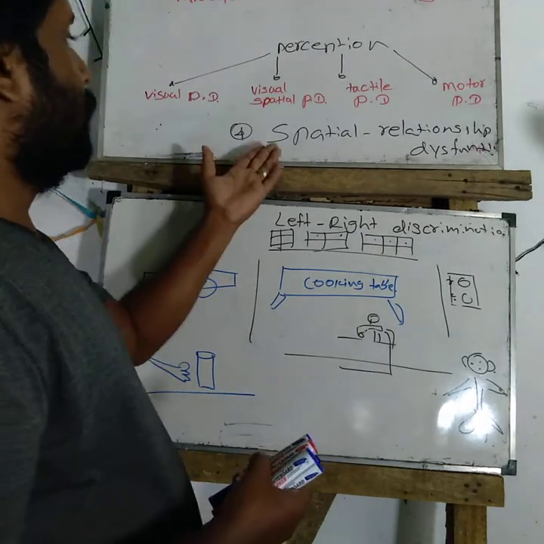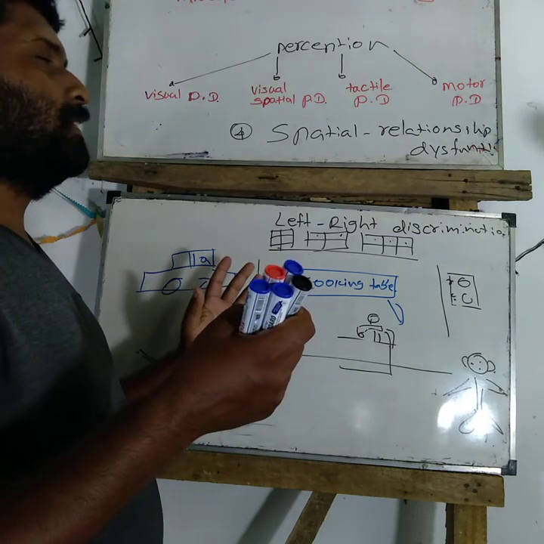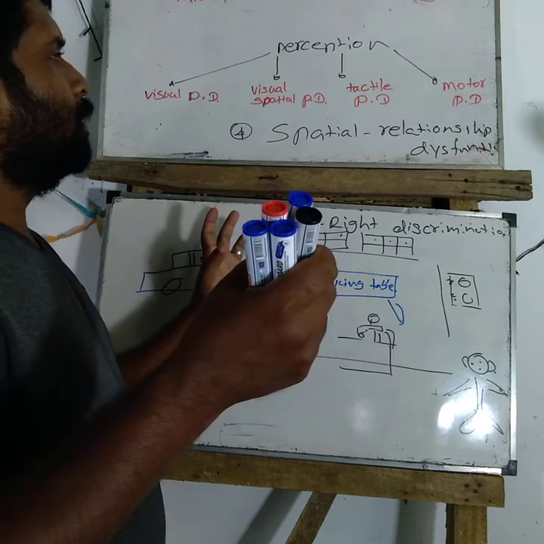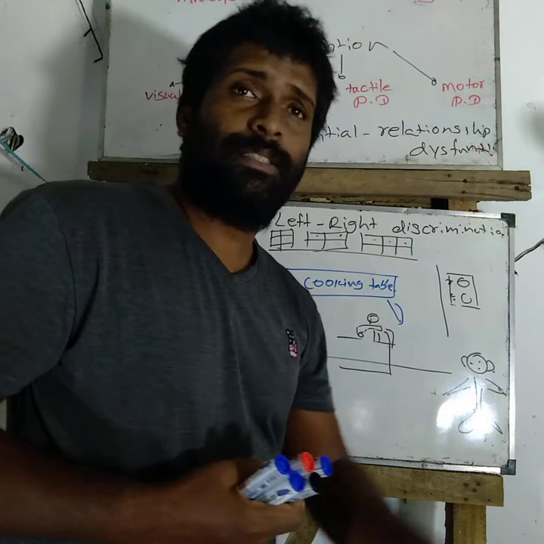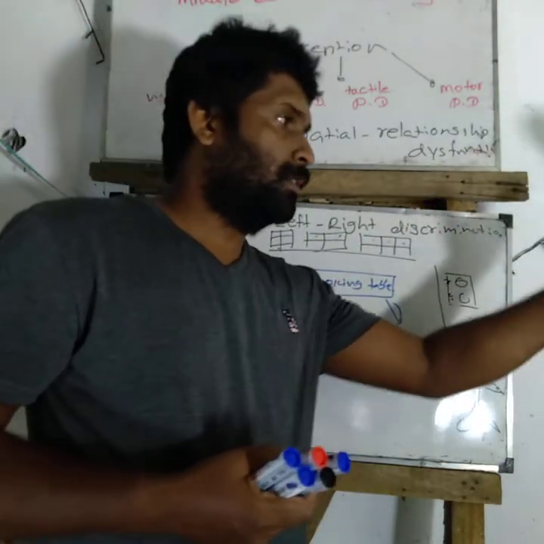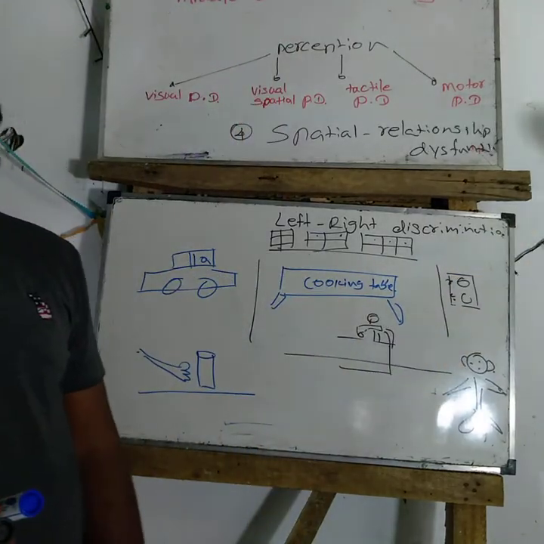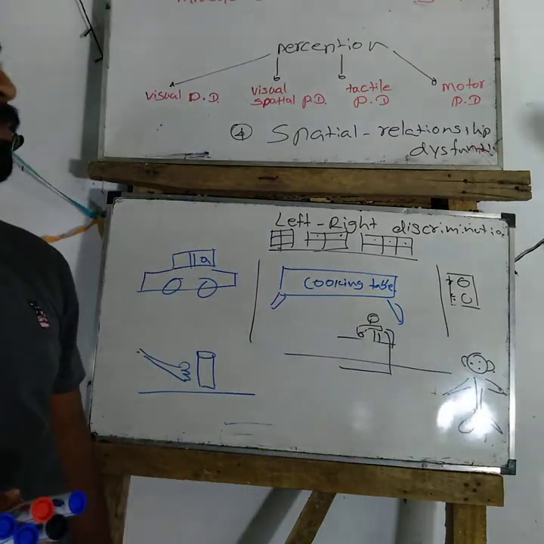There is a lot of spatial relationship dysfunction when you are talking about marketing. When going to the supermarket, to take something they need to judge the distance to take these things and how to reach this area, that's the problem.